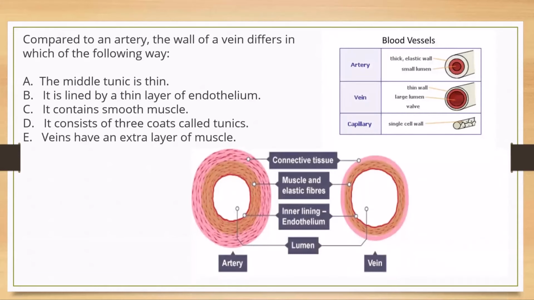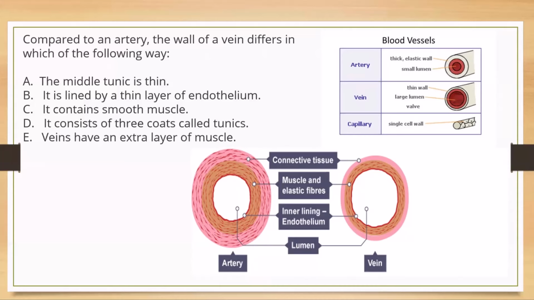Arteries have very thick muscular walls. The tunica media, the middle layer of arteries, is made up of a lot of muscle, and it's very thick.